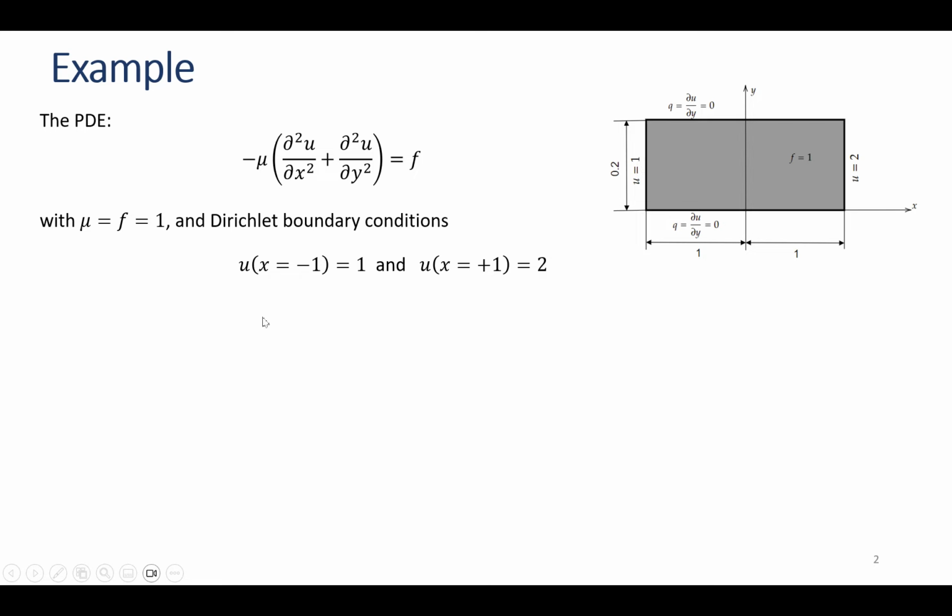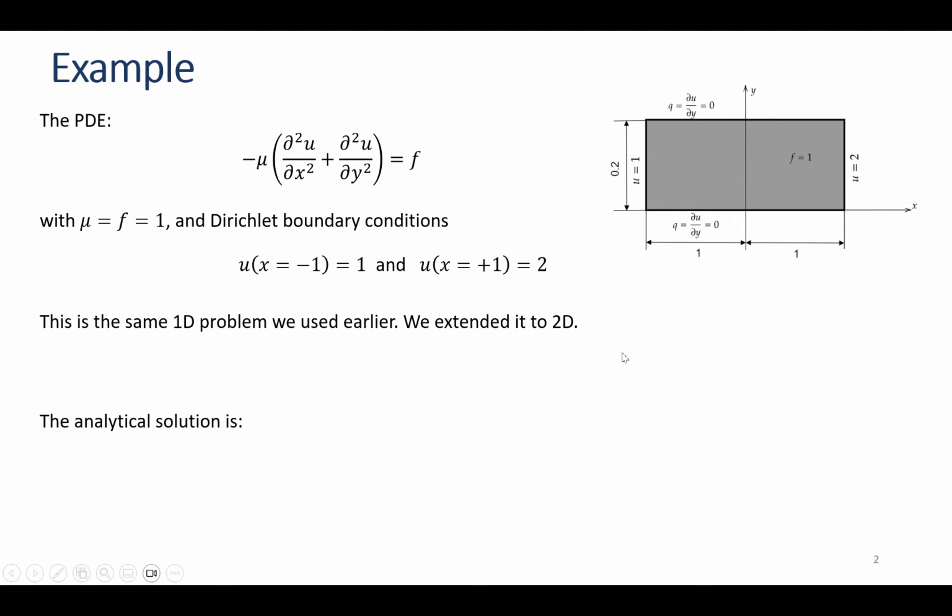This is our 1D problem that we used earlier, and we have extended it to 2D. That means whatever nodes we have on the left side, they all take a specified value of 1, and whatever nodes we have on the right side, they all take the value of 2.